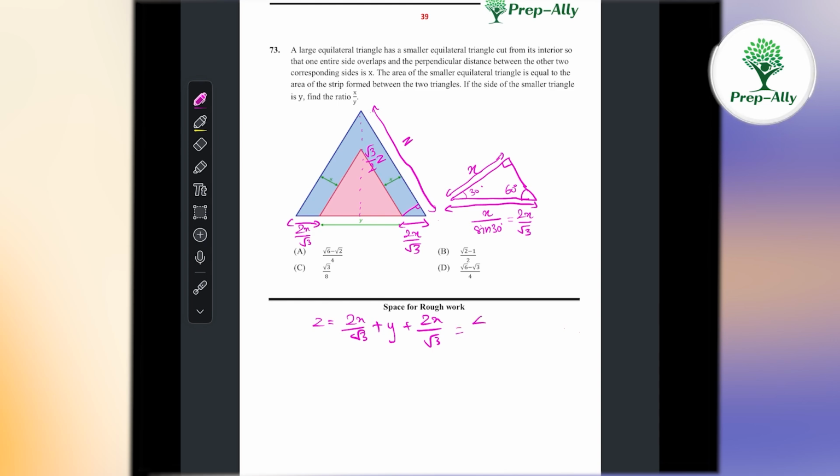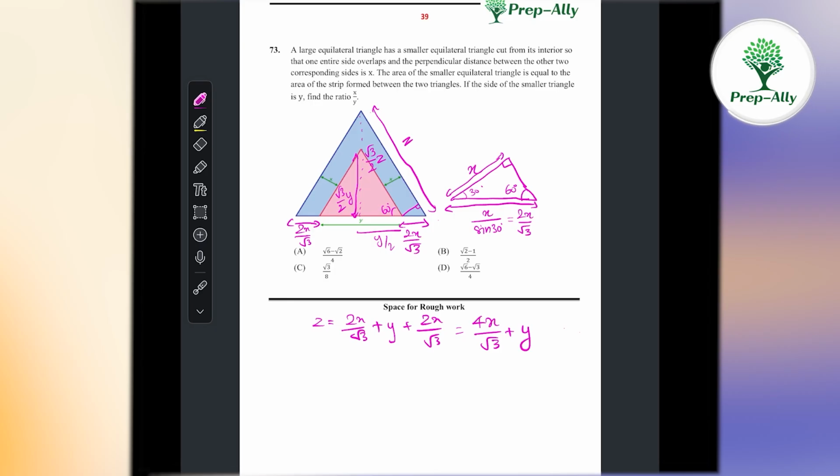So this is equal to 4x by root 3 plus y, and the height of the smaller equilateral triangle is just root 3 by 2 times y, right? I'm sorry, is it? So this is 60 degrees, this is y by 2, this is root 3 y by 2, this is y. Yeah, that's right.